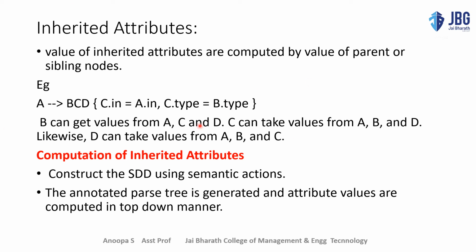So in the case of A giving BCD, this C will get its value either from A or through B or D. That is represented here: C dot in equal to A dot in, or C dot type equal to B dot type. C type can be assigned either from B or D, or can be inherited from A.